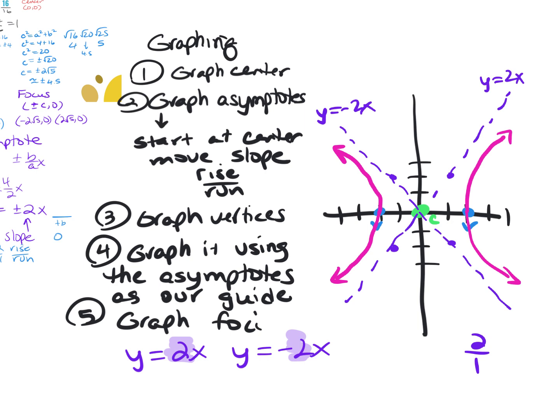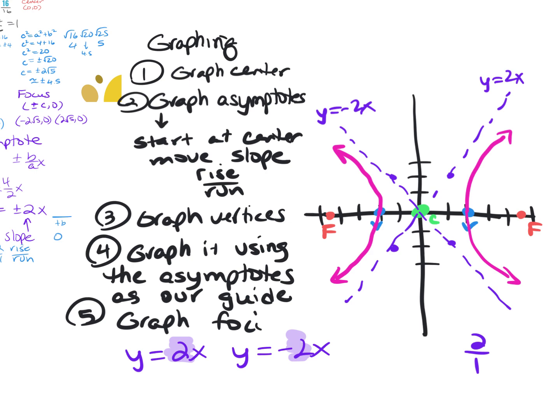And we said that's about 4.5. Let me extend it a little bit more. So my two foci, two in red, right here, right here. And that is your hyperbola graph.